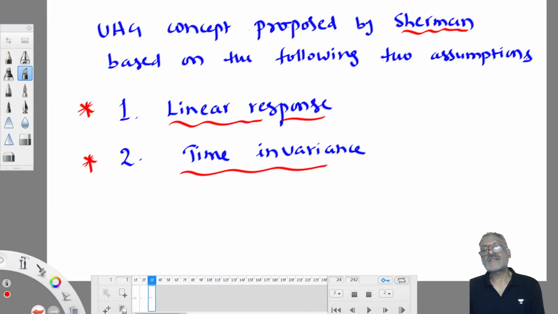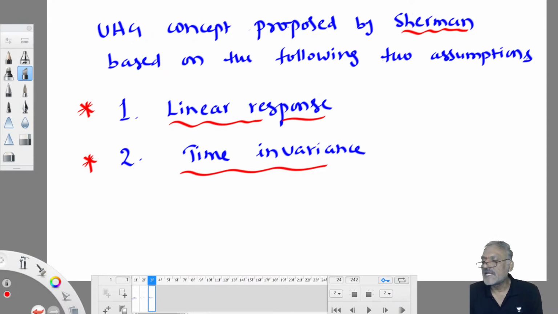As time progresses, their cost comes down. Fresh apples cost more, then slowly they become rotten. But what we presume and assume is the cost remains the same. Early morning 1,000 rupees, late evening 1,000 rupees, tomorrow 1,000 rupees, after 1 week, next month, next year also 1,000 rupees. That means it is independent of time. Cost is not changing with time.